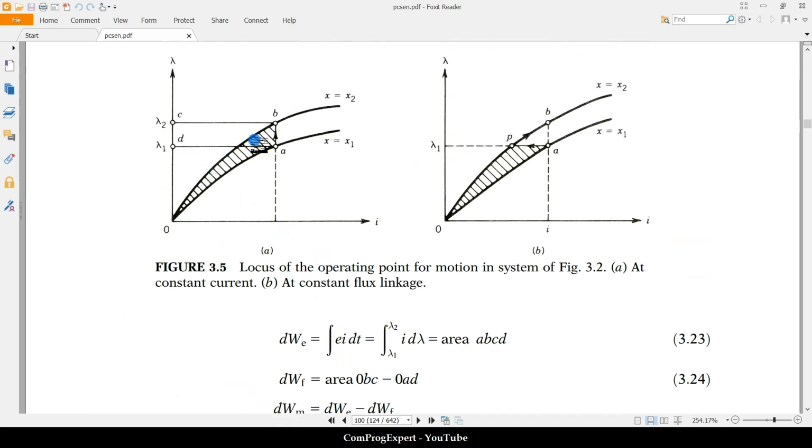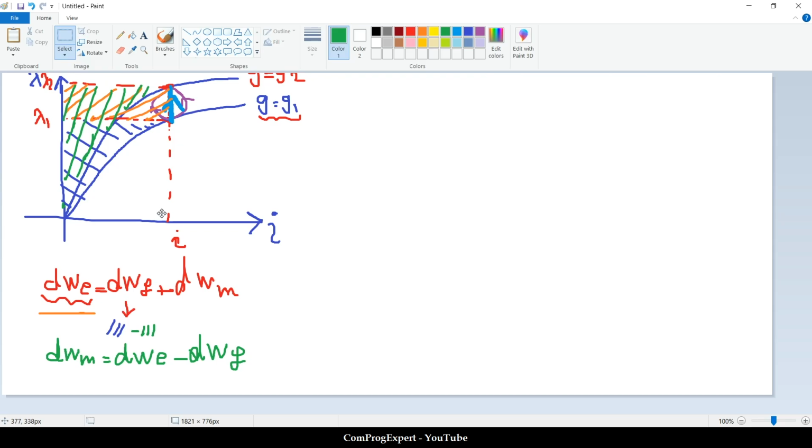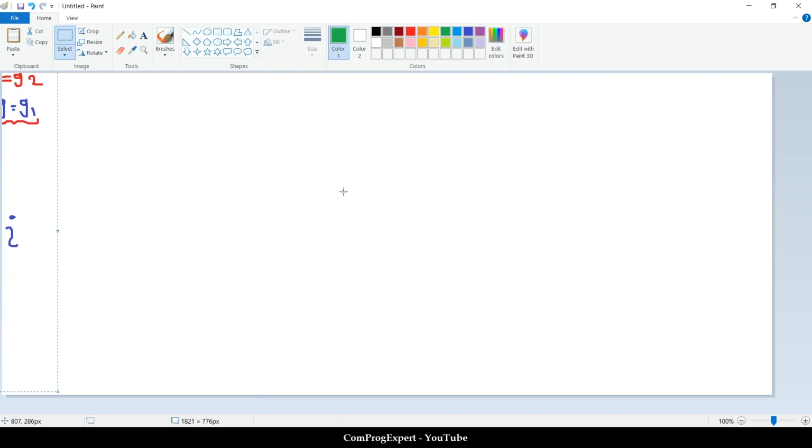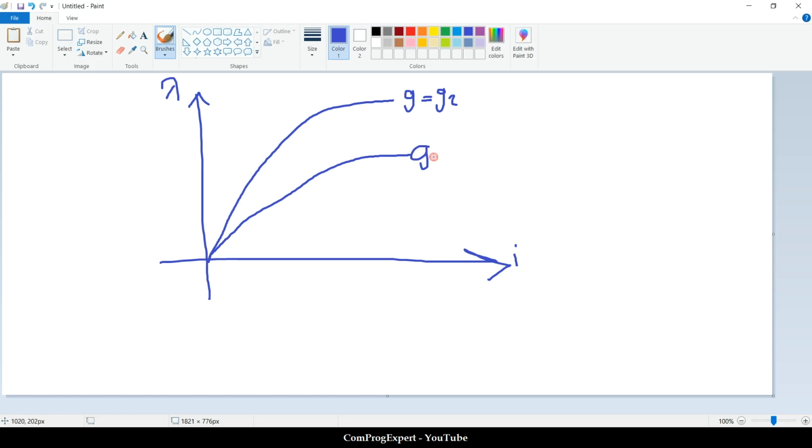So how much is this area? We can use the co-energy definition. This area is equal to the change in the value of the co-energy. So this is gap equal to gap 2, and this is gap equal to gap 1.